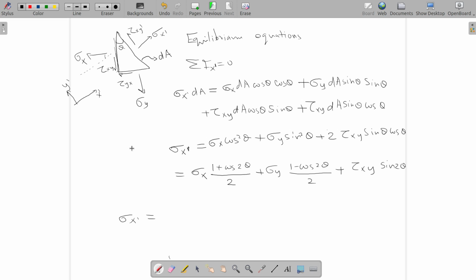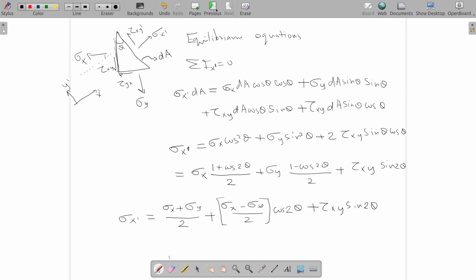So sigma x plus sigma y by 2 plus sigma x minus sigma y by 2 multiplied by cos 2 theta plus tau xy sin 2 theta. So this is the general equation to find out sigma x dash here.